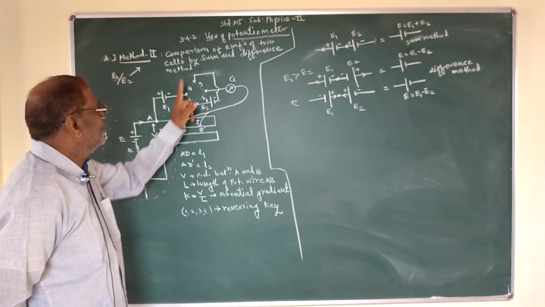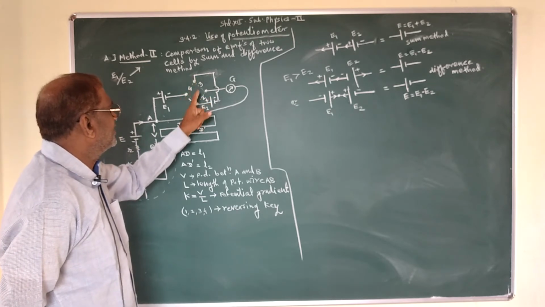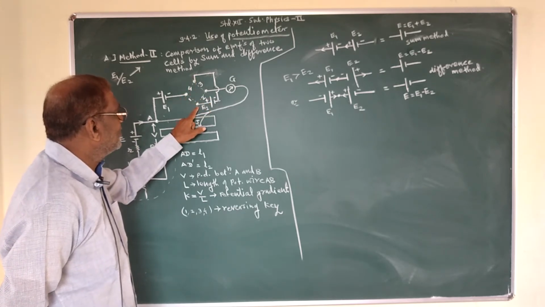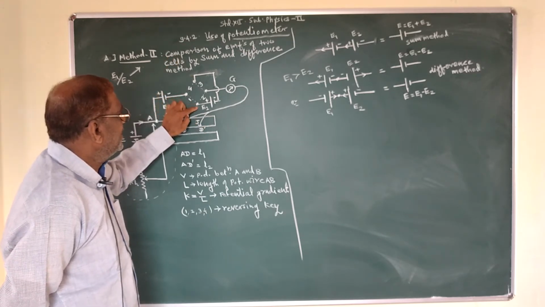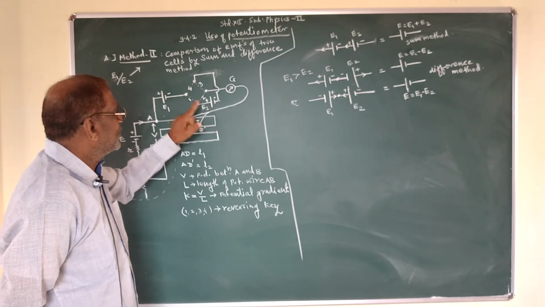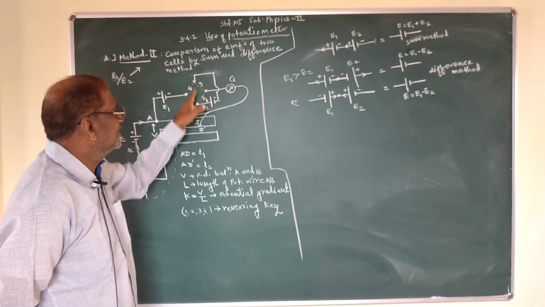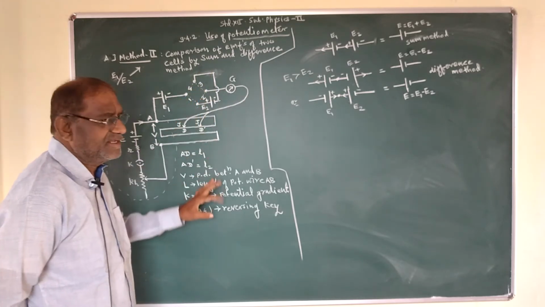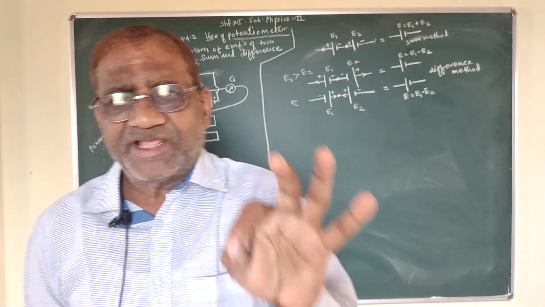Between the fourth point and the second point of the reversing key you connect a second cell in this way. So in this way first you make electrical connection with this potentiometer.